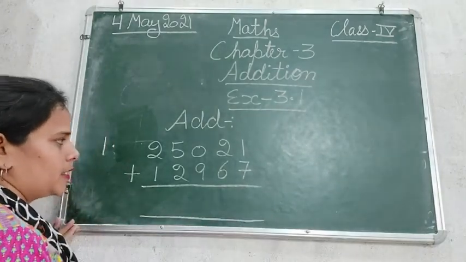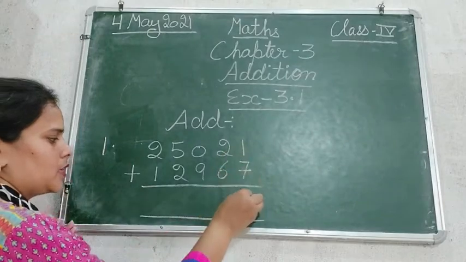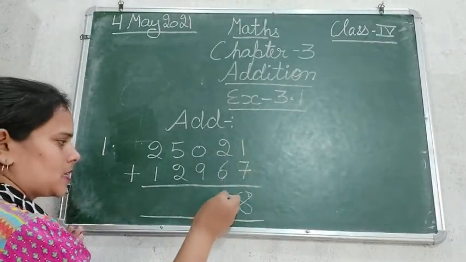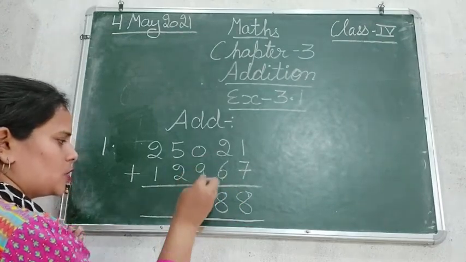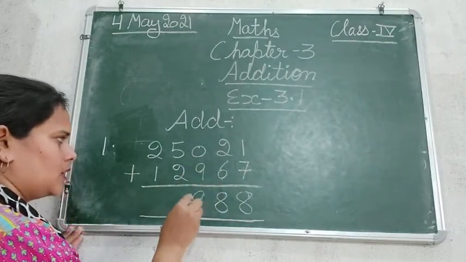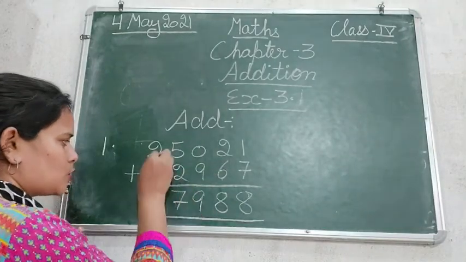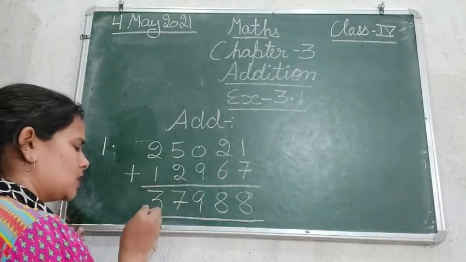Okay, so let's add them. 1 plus 7, 8. 2 plus 6, 8. 0 plus 9, 9. 5 plus 2, 7. 2 plus 1, 3.